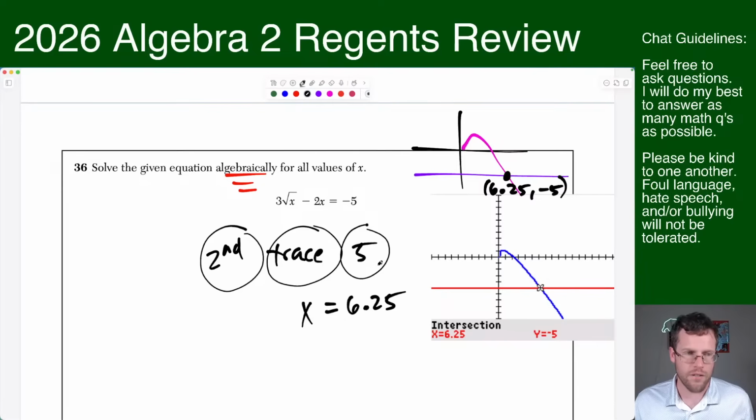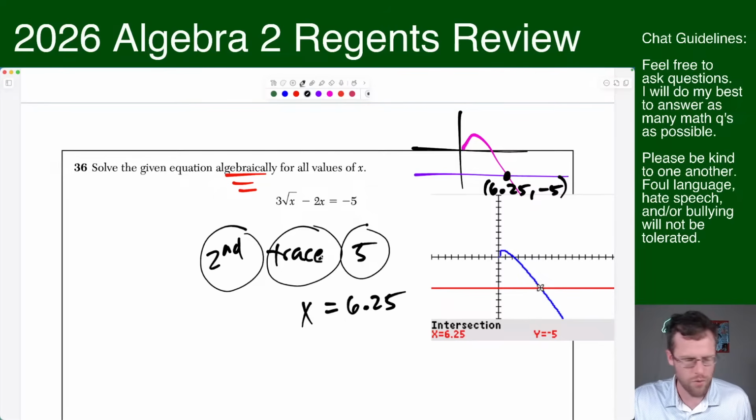They'll give you half credit. This is half credit: they said algebraically, but you do the math differently, like use a graph, you get half. So like, oh, I need this many multiple choice to pass. If you don't know that algebra, do it in the calculator and get half.